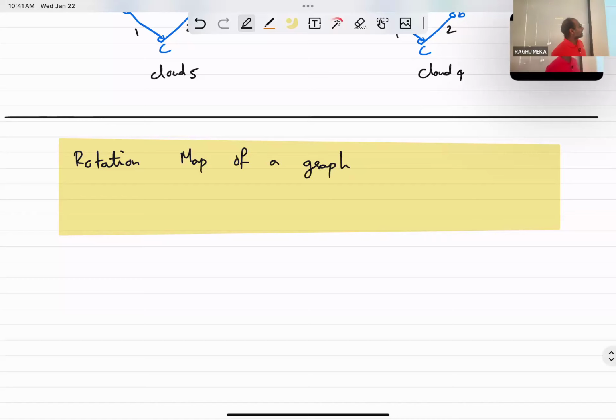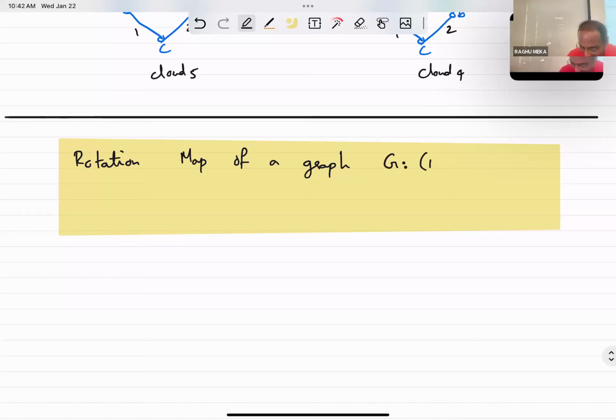Okay. So what is a rotation map of a graph? It's an extension of consistent labeling, right? The reason we are going to extend is, if you have 2 graphs which are consistently labeled, zigzag is well defined. But if I want to recur, somehow maintaining consistent labelings is a little bit trickier than maintaining rotation maps, okay?